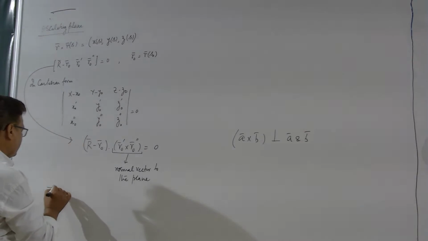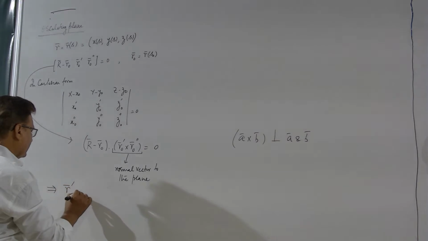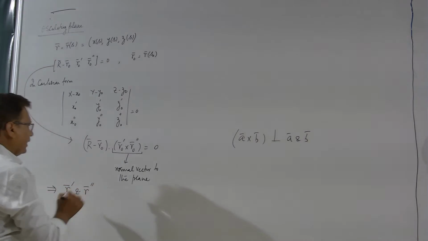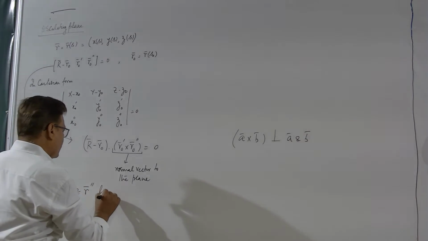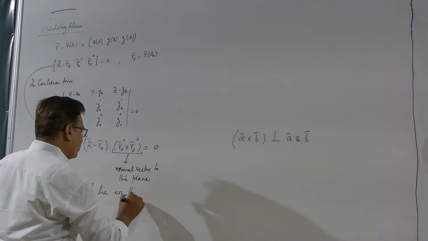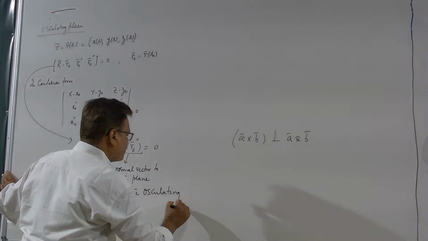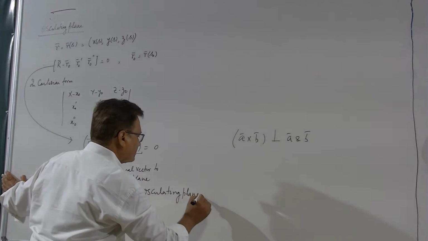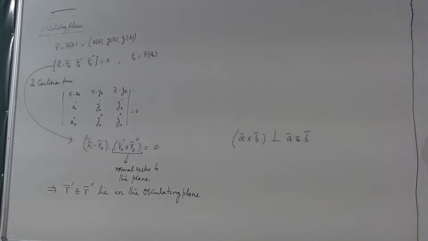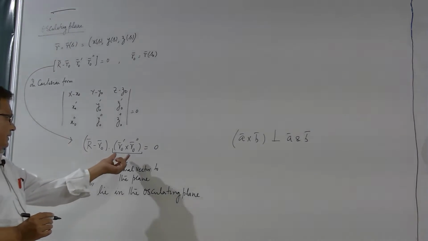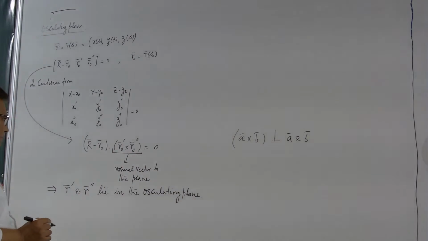So, this is an observation that r dash and r double dash at s0 lie in the osculating plane. Why am I saying that these are vectors which lie in the osculating plane? Because this is a vector which is perpendicular to the osculating plane. Moreover, these two vectors are orthogonal to each other. This is also easy to observe.